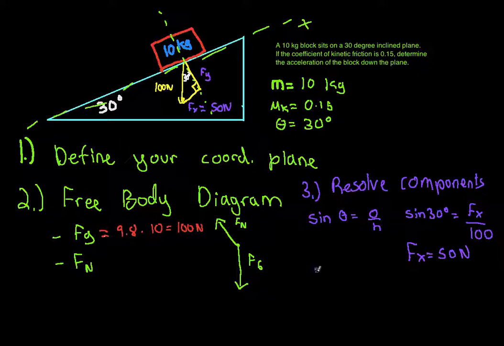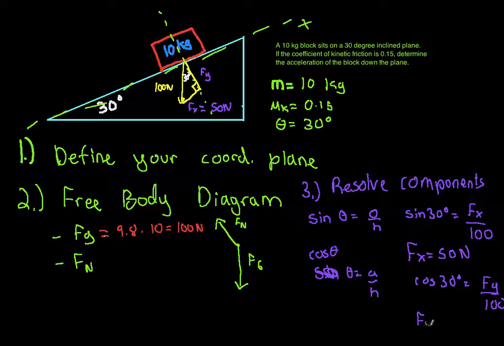Now we could do something similar for our force in the y direction. Cosine of theta is going to equal the adjacent over the hypotenuse. So then cosine of 30 degrees would equal f of y over 100. Cosine of 30 degrees is root 3 over 2. So that's about 1.7 over 2, so it's about 0.85.